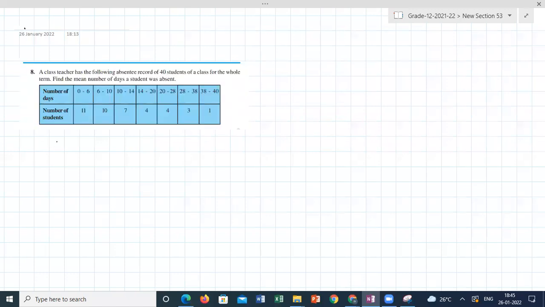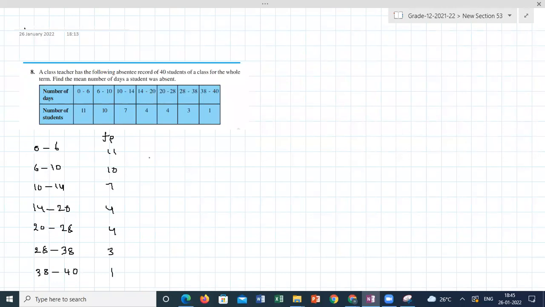The class intervals are 0 to 6, 6 to 10, 10 to 14, 14 to 20, 20 to 28, 28 to 38, 38 to 40. So Fi will be equal to 11, 10, 7, 4, 4, 3, 1.